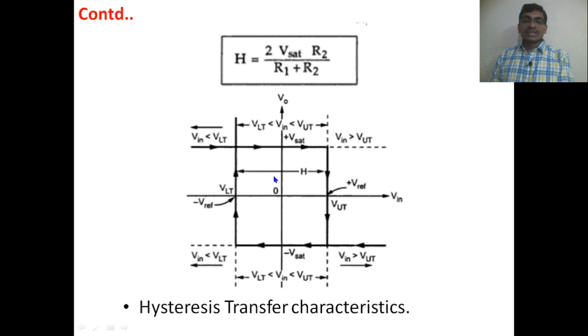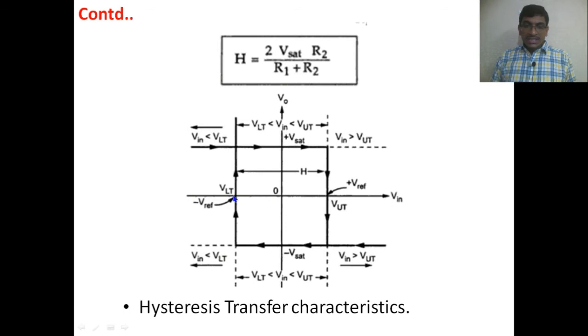This is called hysteresis, the difference between the upper threshold voltage and the lower threshold voltage, denoted with capital H, and H is equal to 2 V saturation into R2 by R1 plus R2, because the upper and lower threshold voltages are the same reference voltages, occupied on the negative side as well as the positive side.